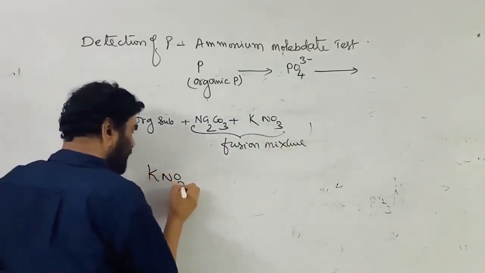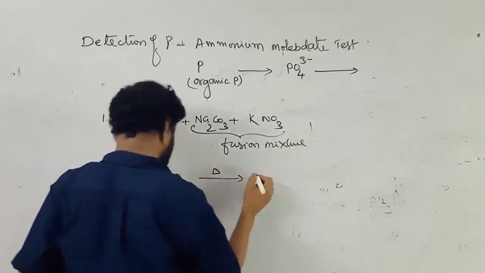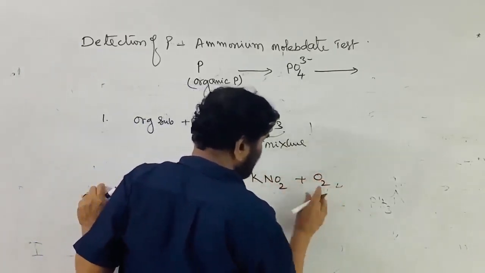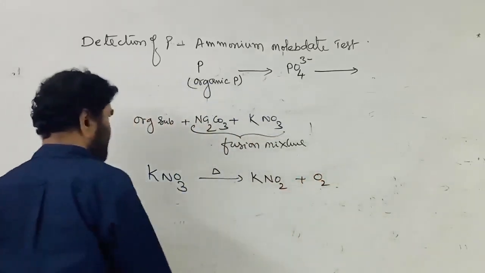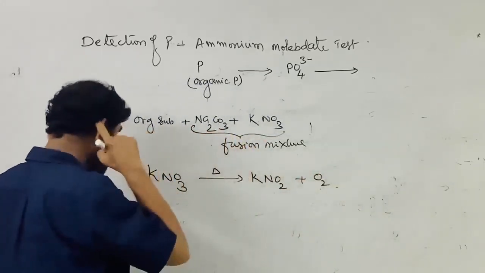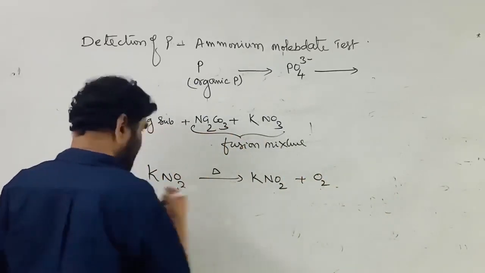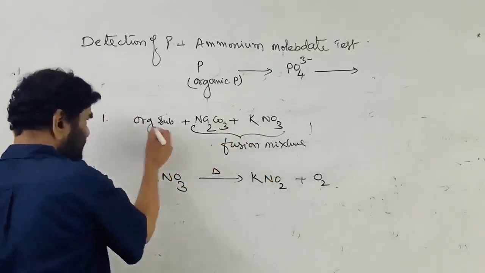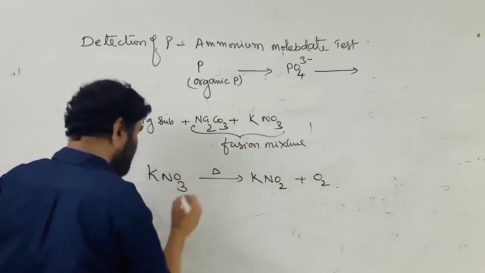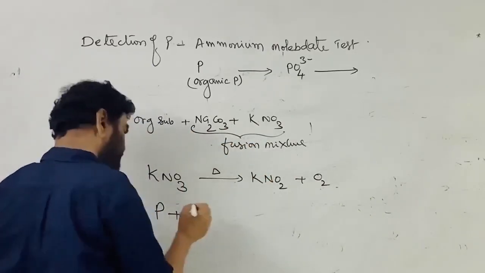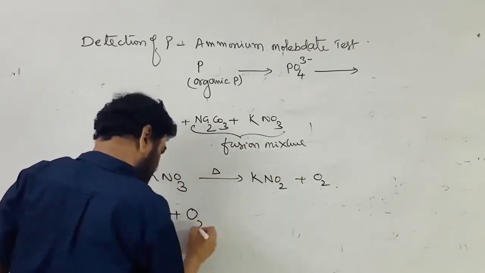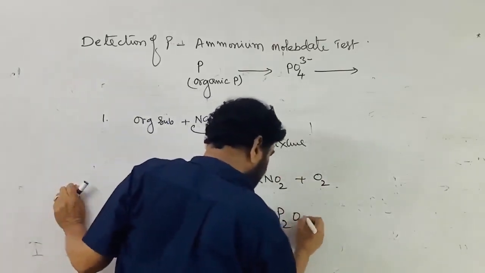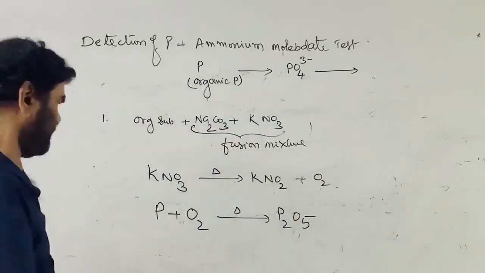You know the nitrate chemistry. When alkali nitrates like potassium nitrate are heated, they convert into their corresponding nitrites, and oxygen, or nascent oxygen, is liberated. This oxygen, during the heating, converts phosphorus into P2O5, phosphorus pentoxide.